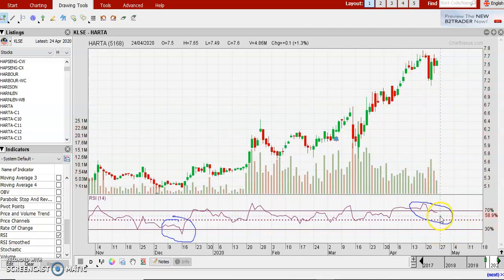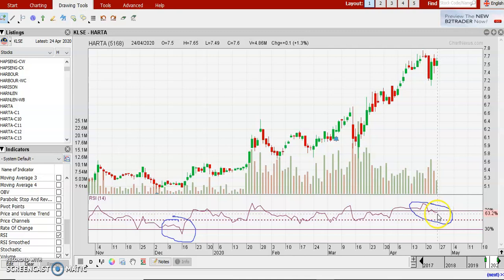So my advice, if you want to buy these stocks, is to buy once the RSI starts to curve up. We can see that at this point it curved down and it has already started to curve up.